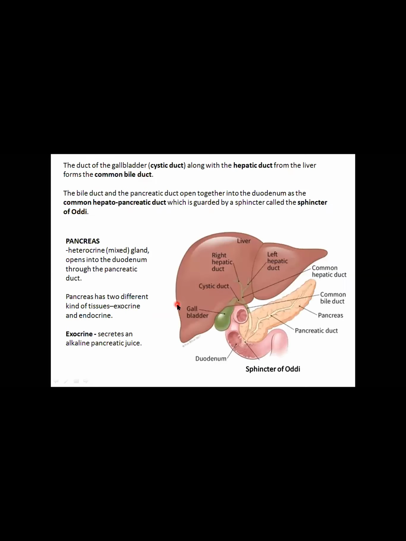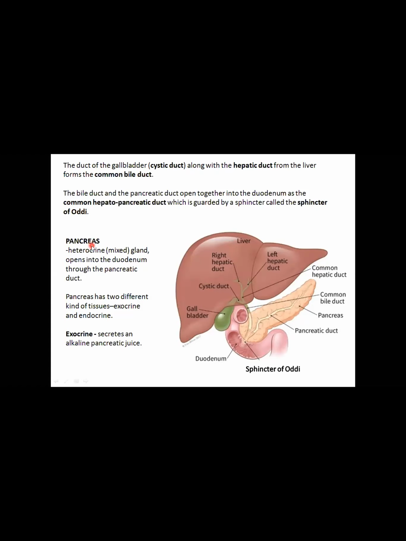The composition of bile juice will be water, bile salt and bile pigments. This was about liver. Now let us see first pancreas. Uske baad I will come on to this common bile duct and cystic duct and all. Okay.